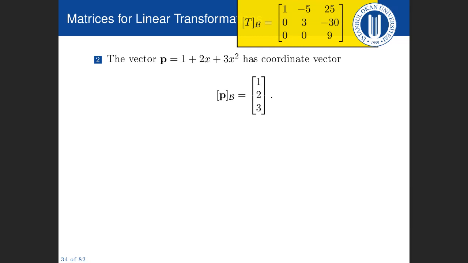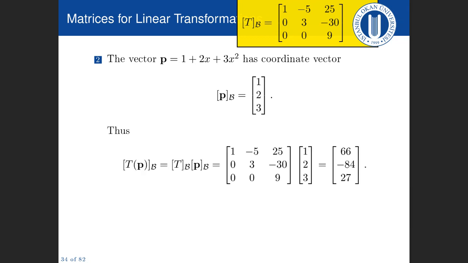Question 2, we are asked to calculate T of 1 plus 2x plus 3x squared. And this polynomial has coordinate vector 1, 2, 3. So the coordinates of T of p is going to be the matrix for T multiplied by the coordinates for p.